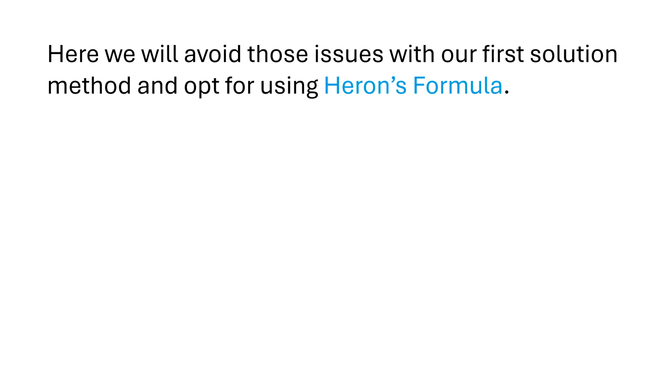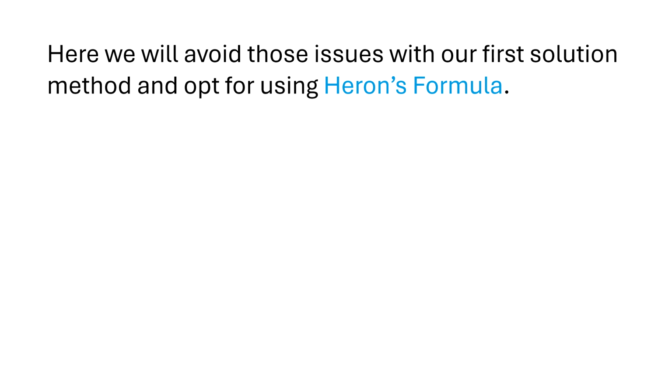Here, we're going to avoid all the issues with our first solution and opt for Heron's formula. Heron discovered this formula many years ago, and it's commonly called Heron's formula or Heron's formula. You can find it under two different spellings.